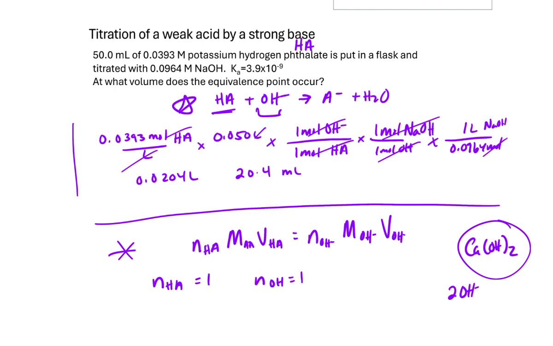I prefer the dimensional analysis. Dimensional analysis allows you to think through what is actually happening, the volumes, the stoichiometric relationship of this equation. This other equation that looks like the dilution equation isn't exactly correct.